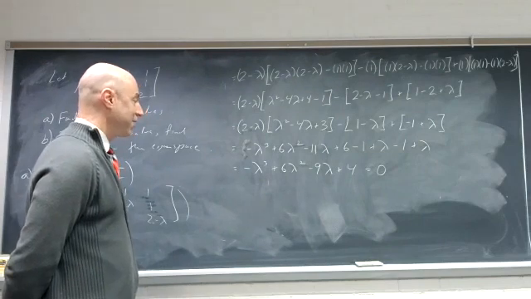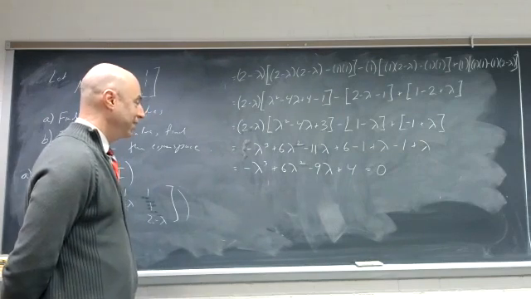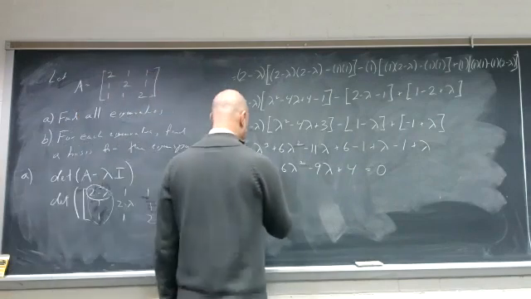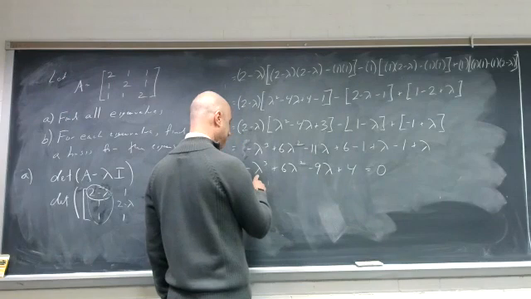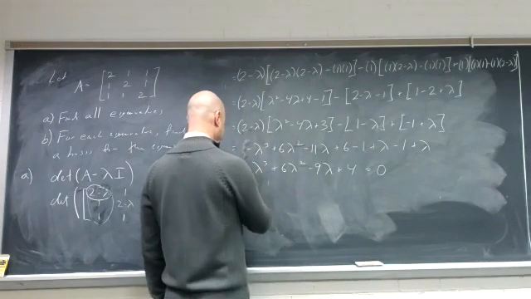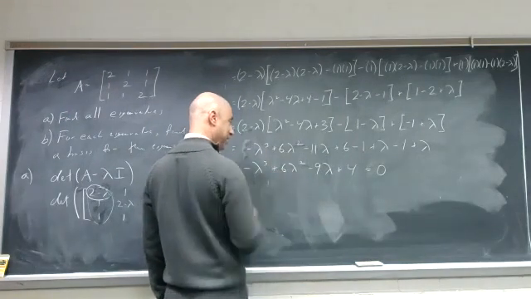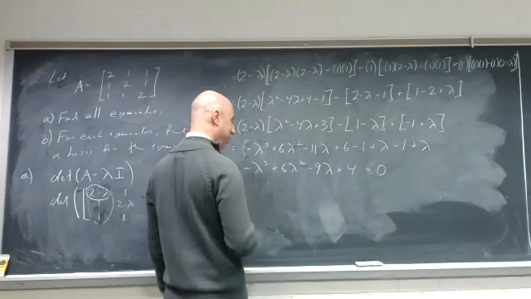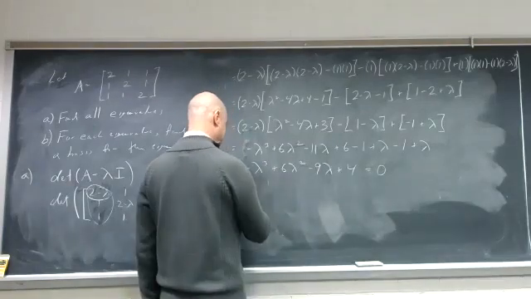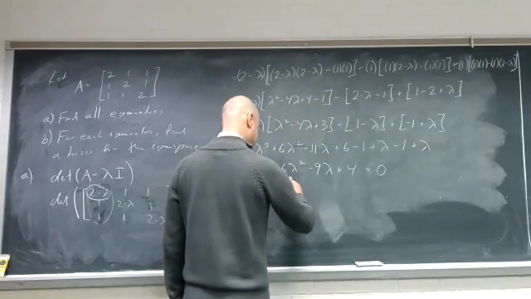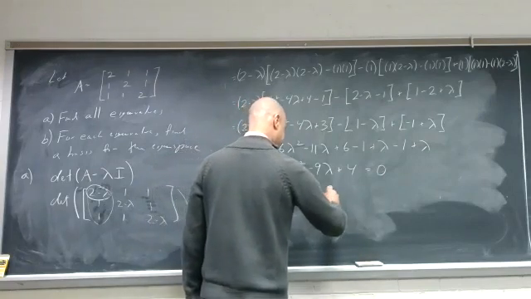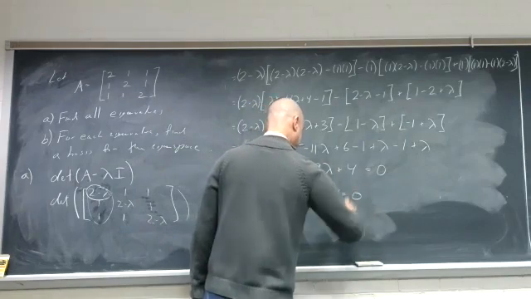So now we're going to have to factor that. Okay, so let's see. We have this, we set it equal to 0. I'm going to multiply both sides by -1. So I'll have lambda cubed minus 6 lambda squared plus 9 lambda minus 4 equals 0.